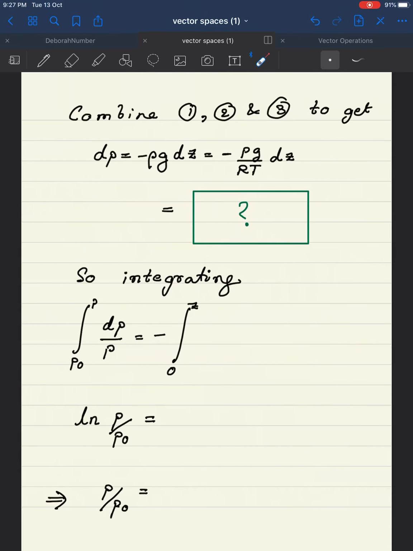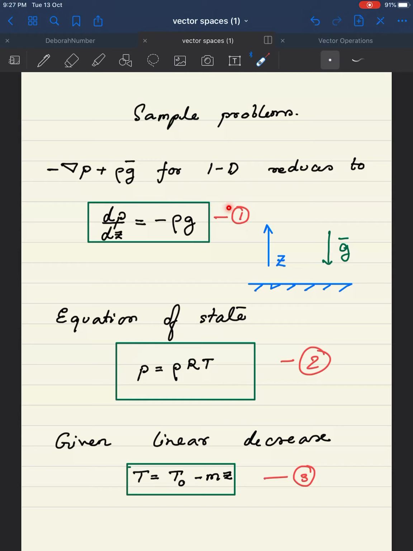Now if we combine these three equations, equations 1, 2 and 3, then in dp dz, we can replace rho with a pressure and RT term. We can get a form for rho from equation 2 and plug it back into 1.